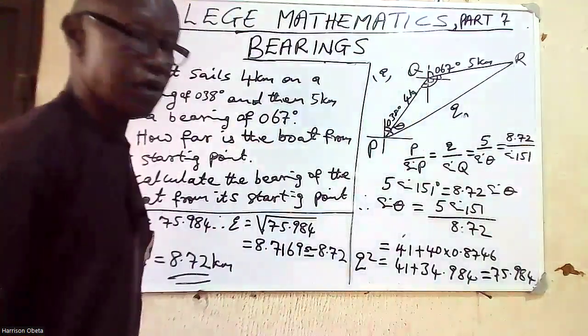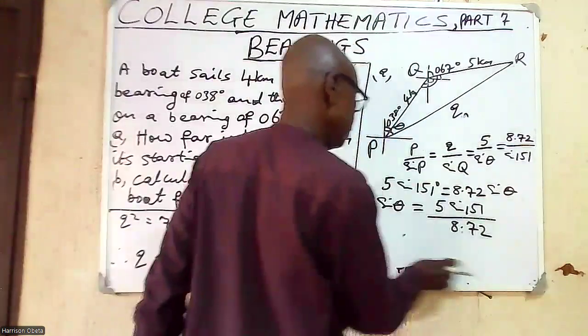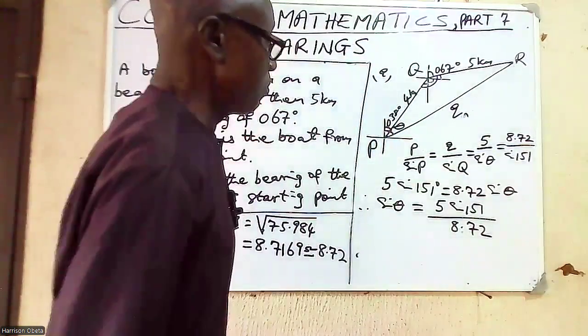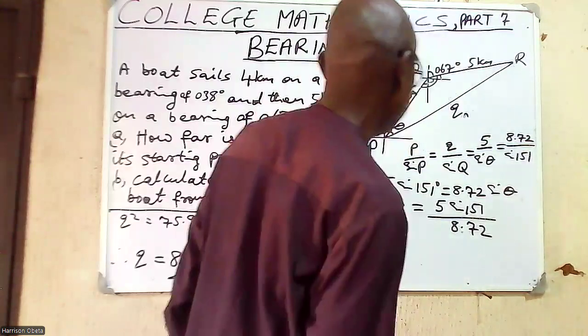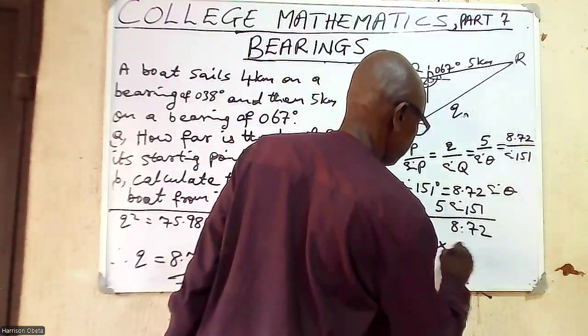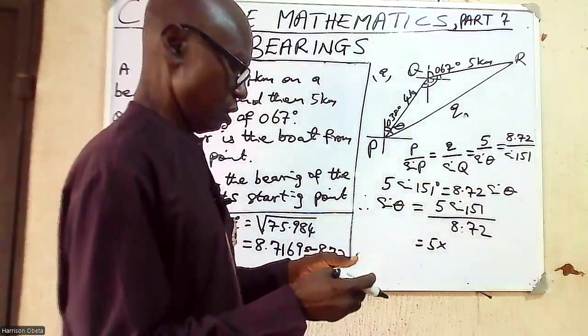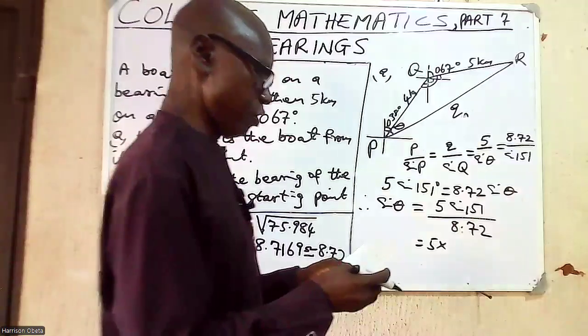We are now trying to find the angle before we add. Before division we have 5 times sine 151. Sine 151 is 0.4848.